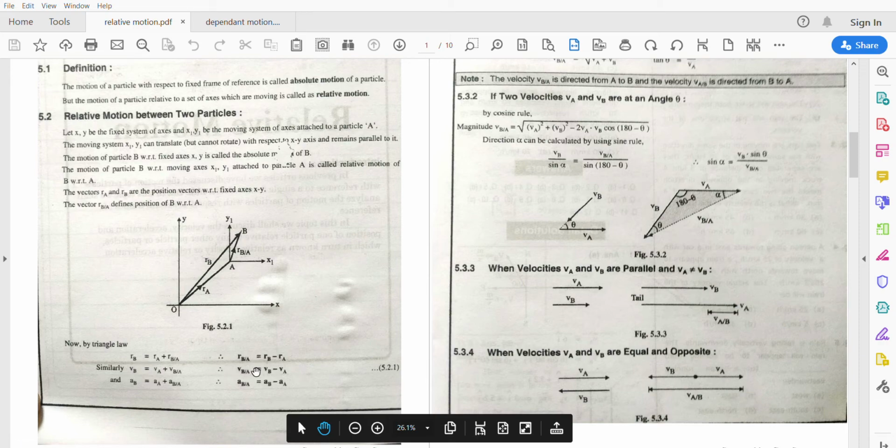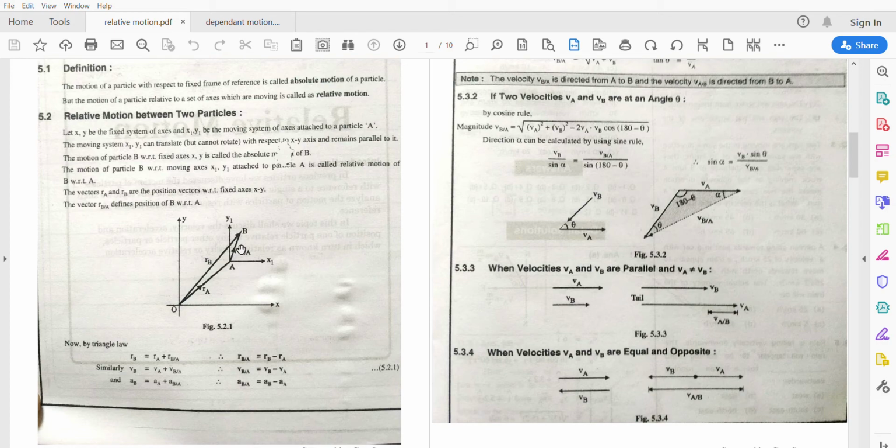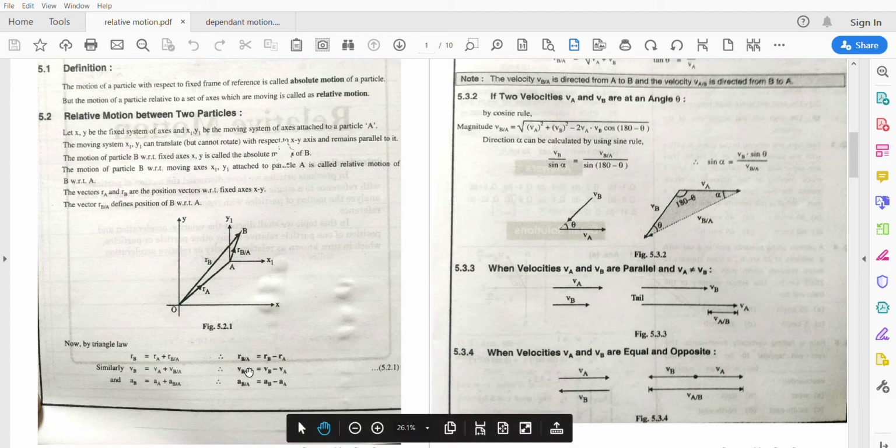So this is the relative velocity of B with respect to A, and this is the relative acceleration of B with respect to A. You can determine the position of A if the axis is fixed. Say A has coordinates 2 and 3. But what if both the particles are moving and your reference axis is also moving? Then that position will always be changing, and that's how you determine the relative velocity. In simple words, v_B minus v_A means the relative velocity of B with respect to A.